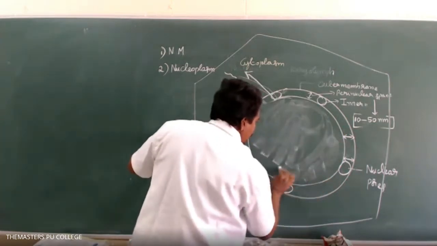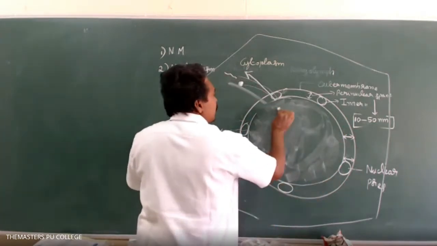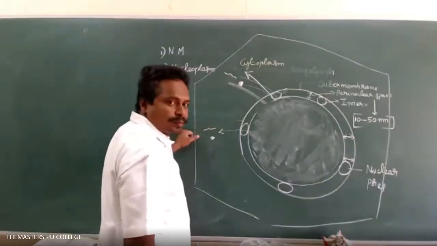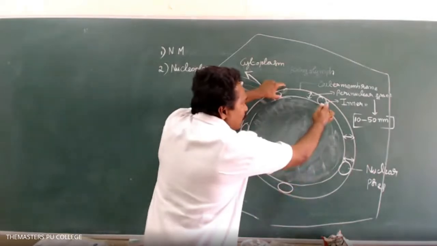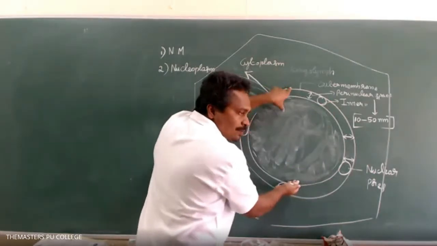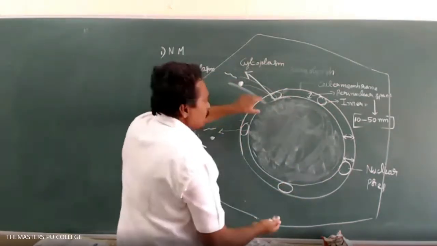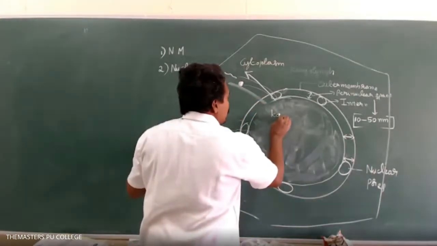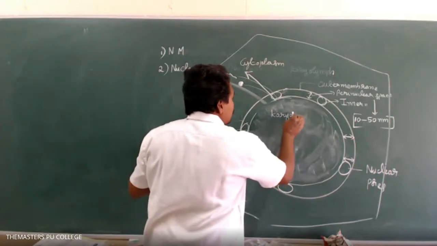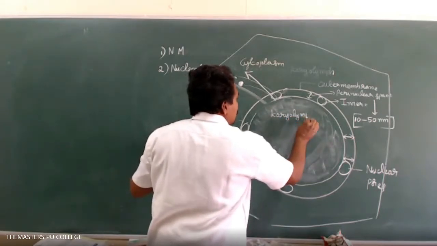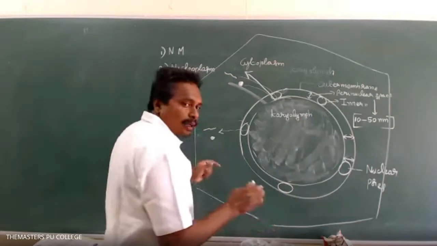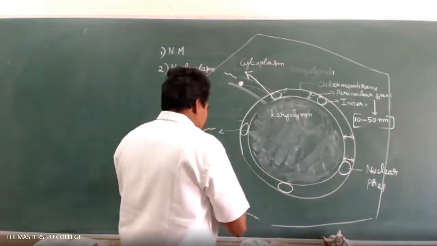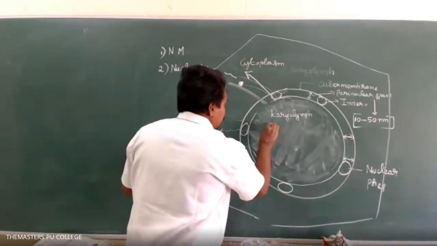Inside the nucleus, the nuclear matrix or karyolymph is present. This is the nuclear envelope, and inside the nucleus the nucleoplasm is present, also known as karyolymph or nuclear matrix. In the nucleoplasm of the interphase nucleus, a net-like structure is present.